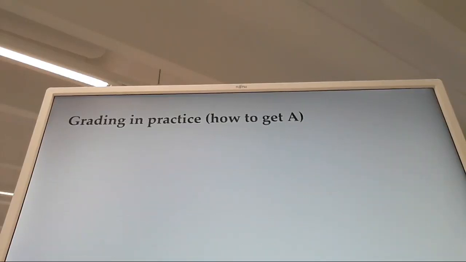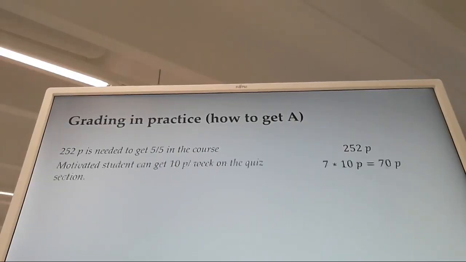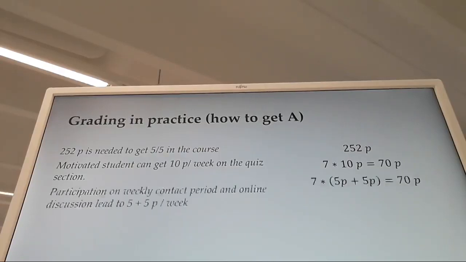And then, of course, we have some students that are thinking, okay, they may fail if they get 4 out of 5. Well, in that case, you need 252 points. And if you are motivated, you can quite easily get all the quizzes right, because it's all in the PowerPoint slides.